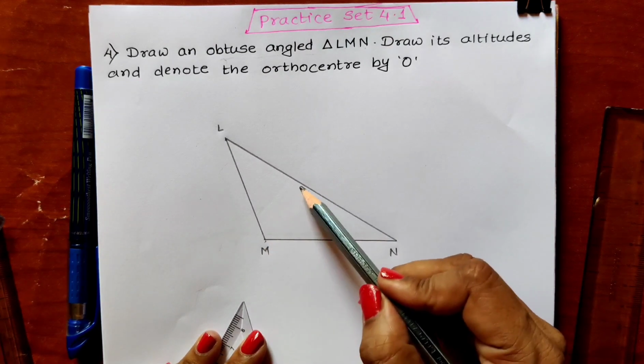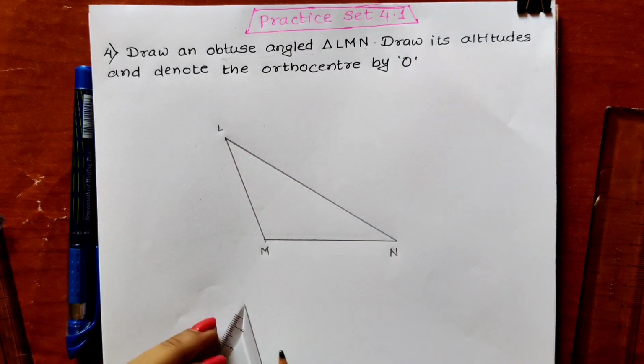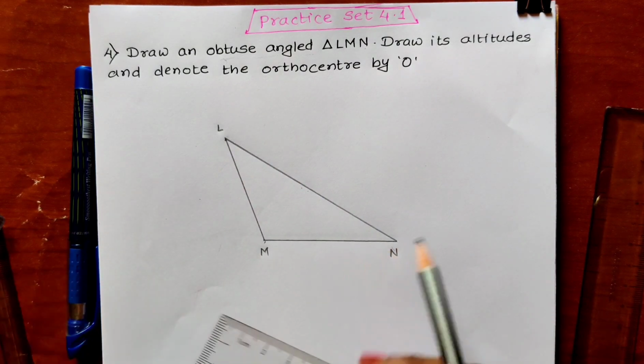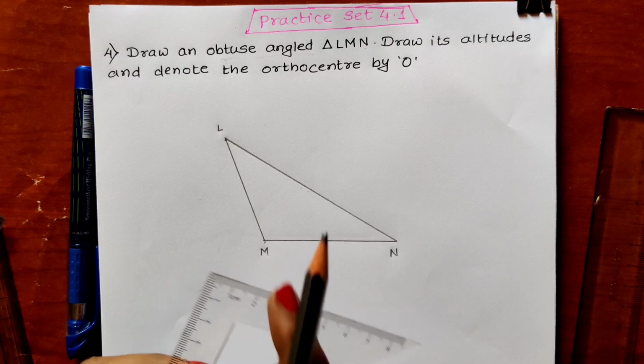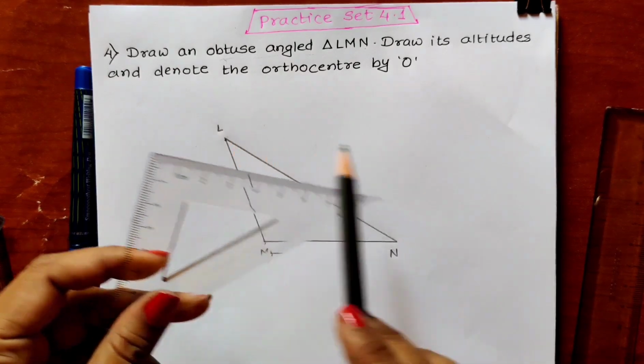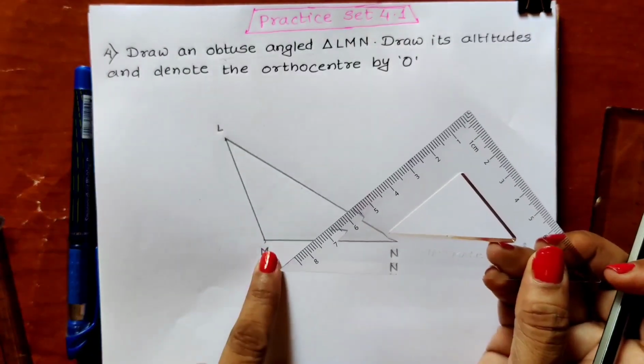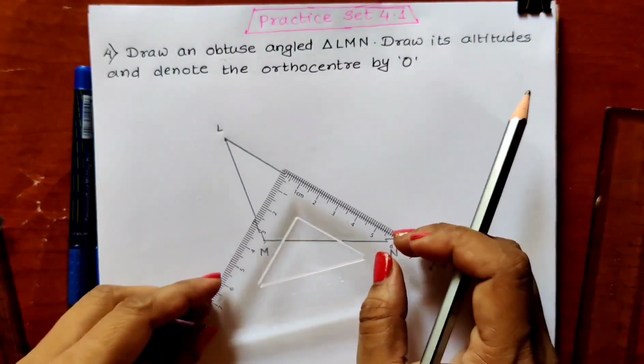From vertex M we will be drawing an altitude on opposite side LN. So we have to coincide one side of our set square with side LN, and the other side should pass through point M. So let us do it.